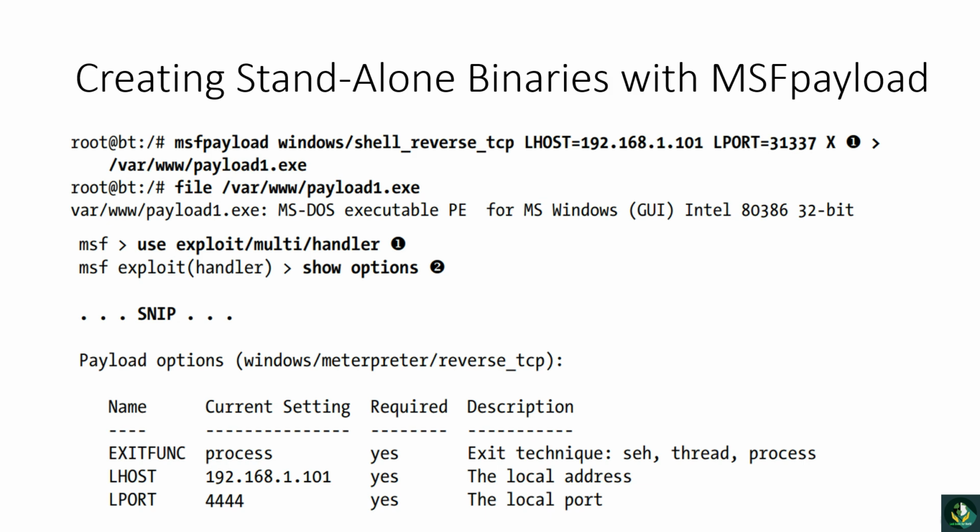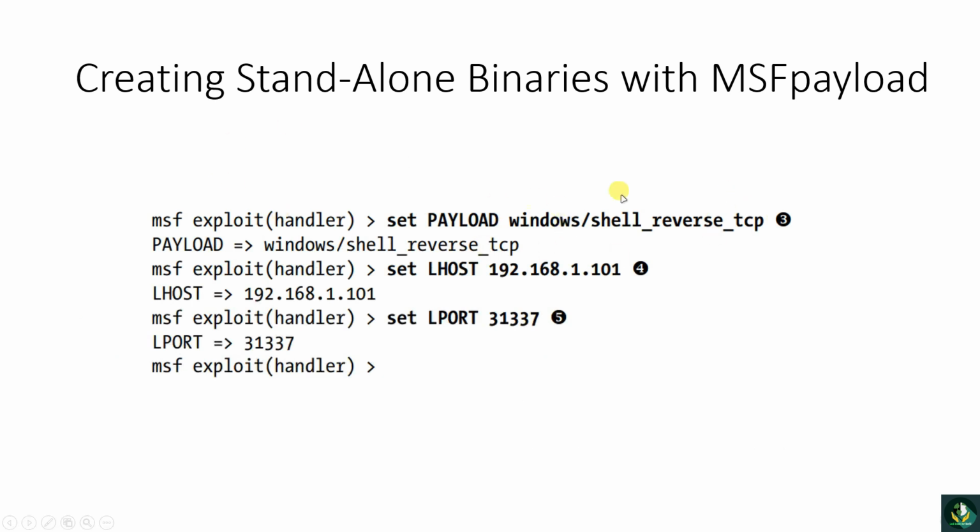We first use the multi-handler module here, then quickly display the options with show options. Then we set our payload to a Windows reverse shell here. As you can see, we are using a reverse shell so that it matches the behavior of the executable that we created earlier.